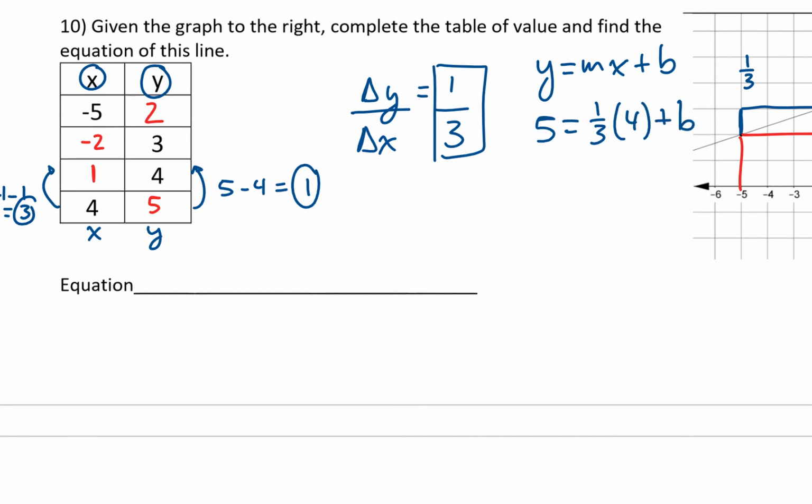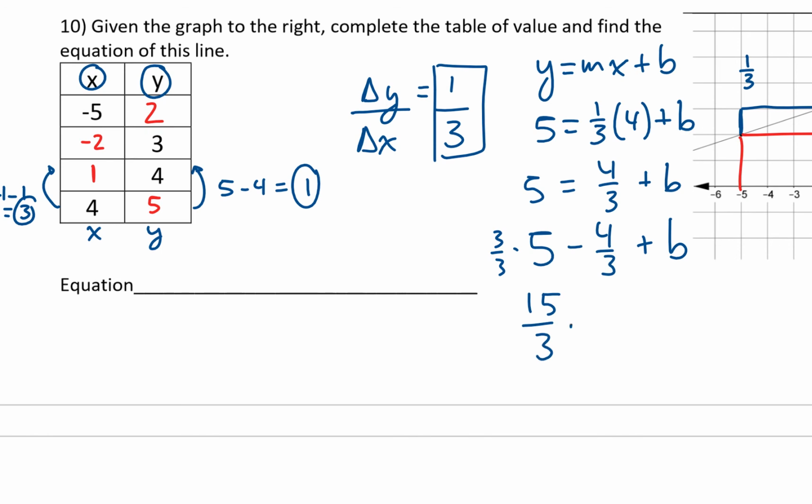Okay, so if I multiply those, that of course is 4/3. 5 equals 4/3 plus b, and I can take away 4/3 from both sides, and I would like these to be thirds. So 5, if I multiply by 3/3, becomes 15/3 minus 4/3.